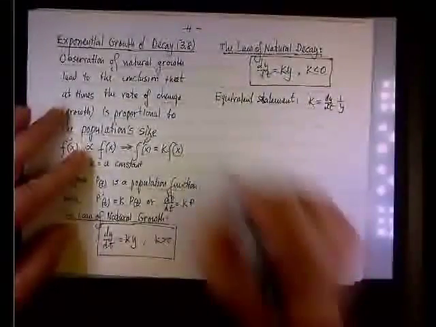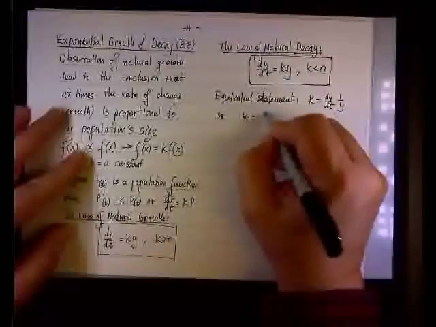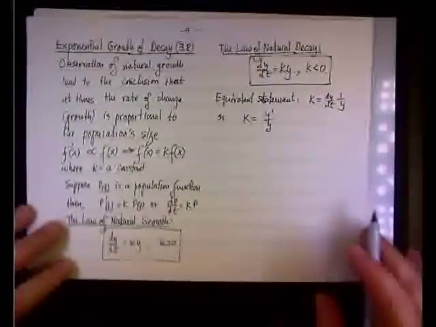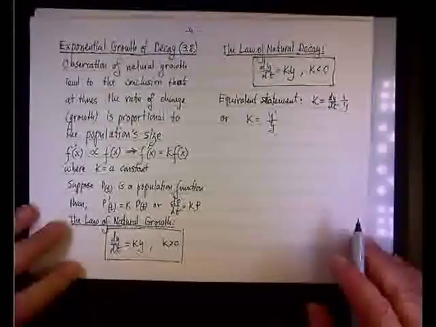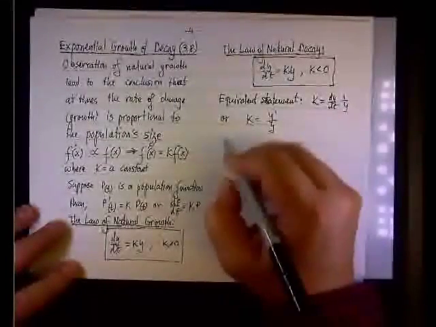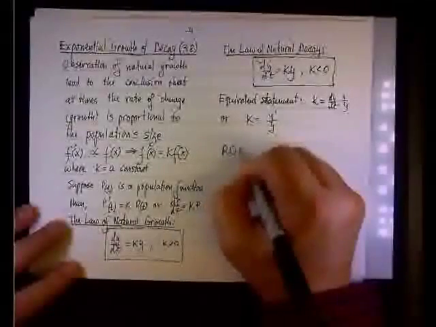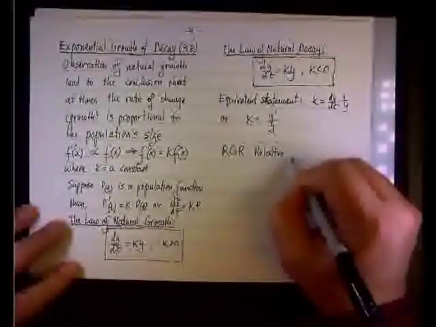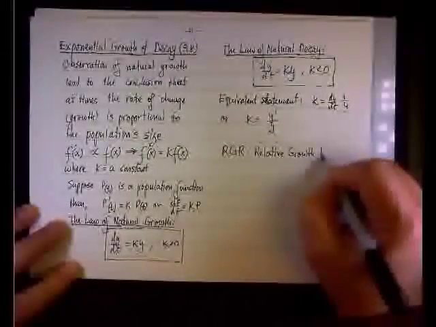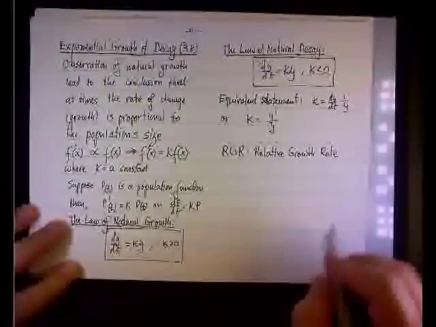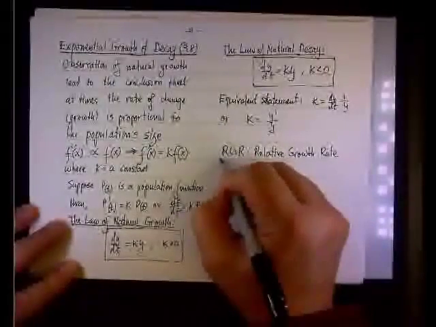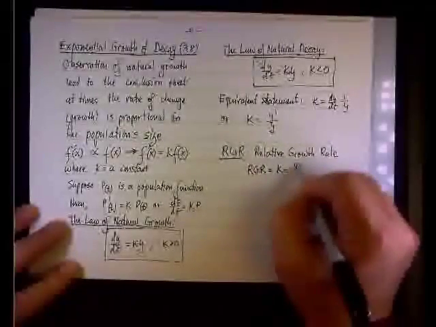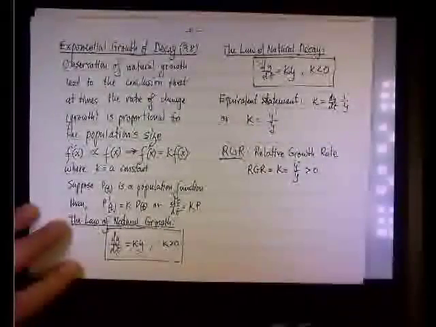Again, if k is positive, then we have something called RGR, relative growth rate, where RGR equals k, or y prime over y, greater than 0.